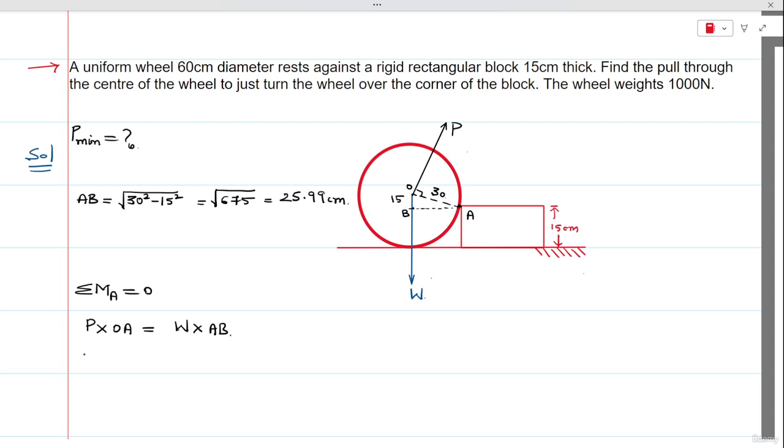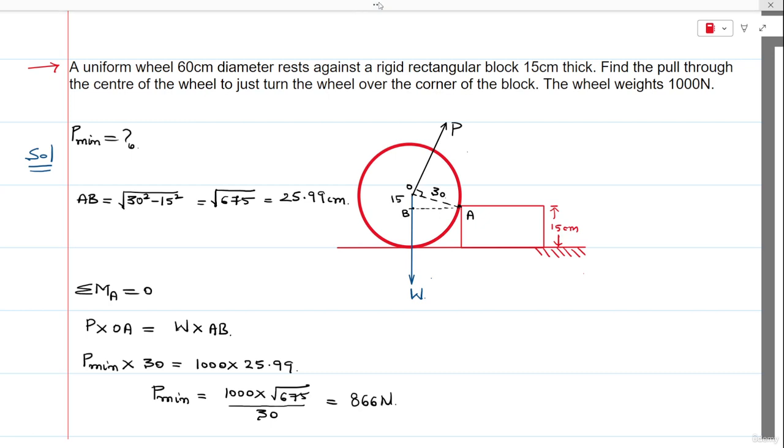So P minimum into OA, OA is 30, and W is 1000 into AB. AB is 25.99, and here P minimum would be equal to 1000 into under root 675 whole divided by 30. So upon solving this, we would be getting the answer as 866 newtons. This is the value of P.